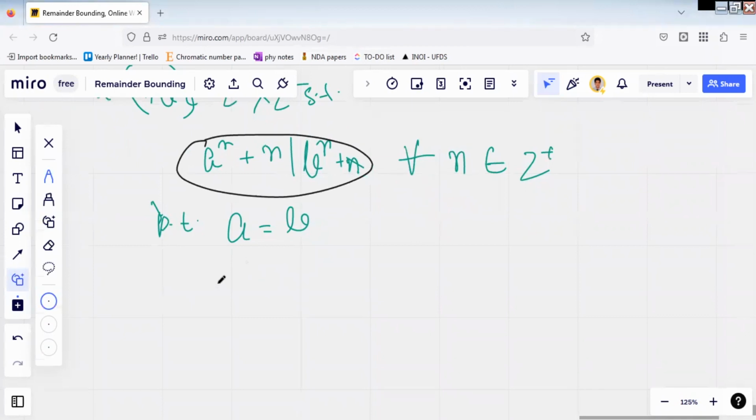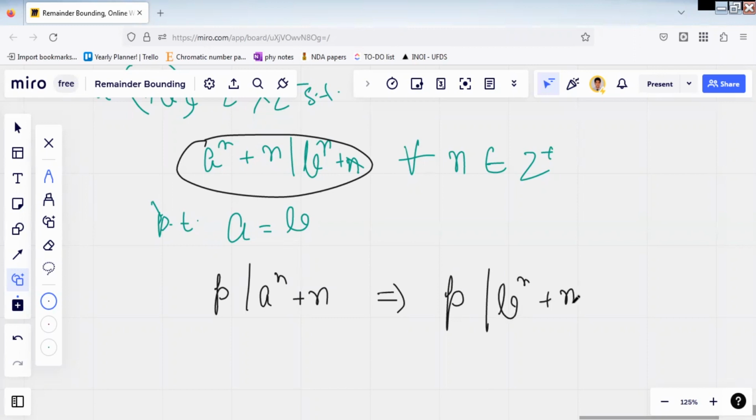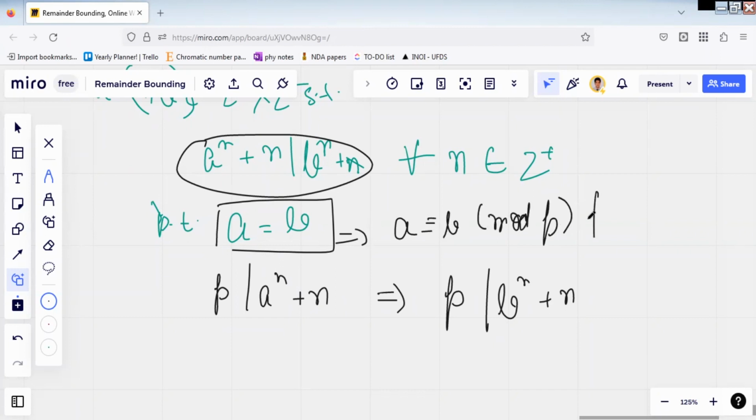So how do we use this condition? Basically, if a prime p divides a to the power n plus n, then the prime p also divides b to the power n plus n, right? So now you have to prove a equals b. This is a common idea which you will see many times: to prove this, you basically prove that a is congruent to b mod p for some large prime p. Now, if p is greater than both a and b, then a congruent to b occurs only when a equals b, right?